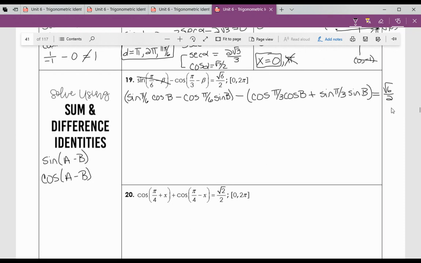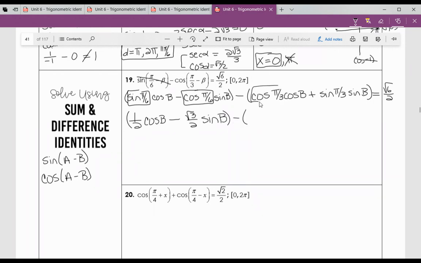All right, so now I need to fill in the gaps. So I can replace this with 1/2 by pulling it off my unit circle. So that would be 1/2 cosine beta minus, I can replace this with square root 3 over 2 sine beta.